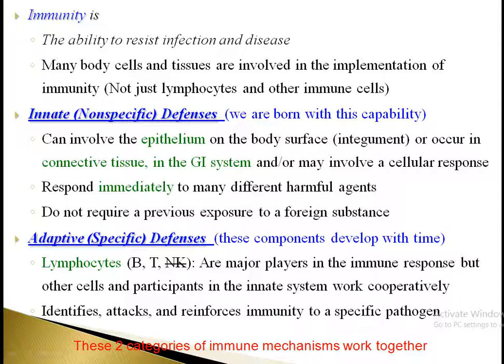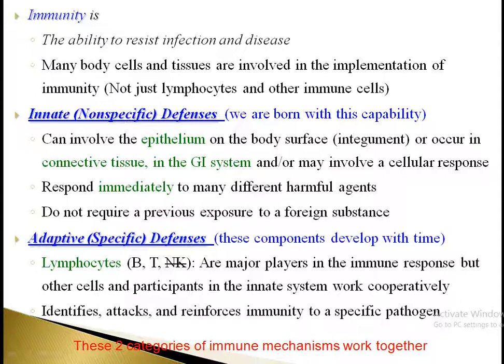Previously, we have studied the process of inflammation, how it occurs, what its signs and symptoms are, and how neutrophils and macrophages help to defend our body against these infective agents.